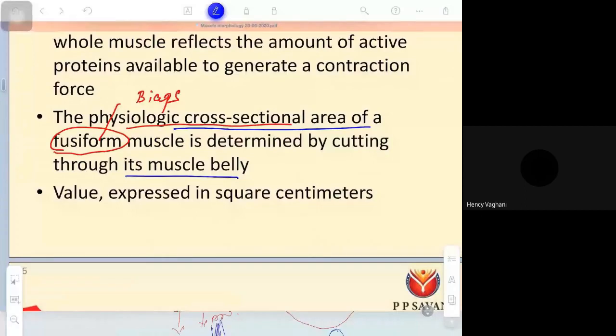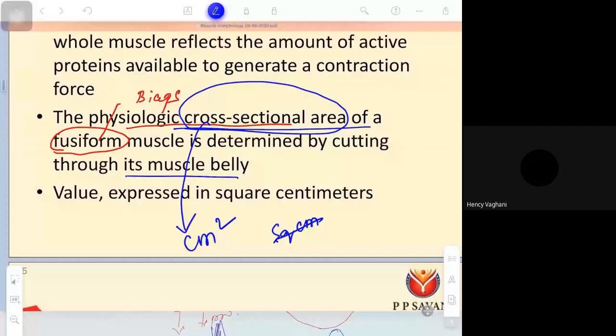Clear? And this value of the cross-sectional area is expressed in square centimeter, or centimeter square.